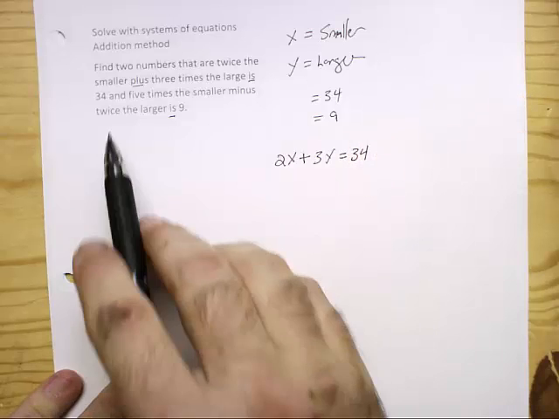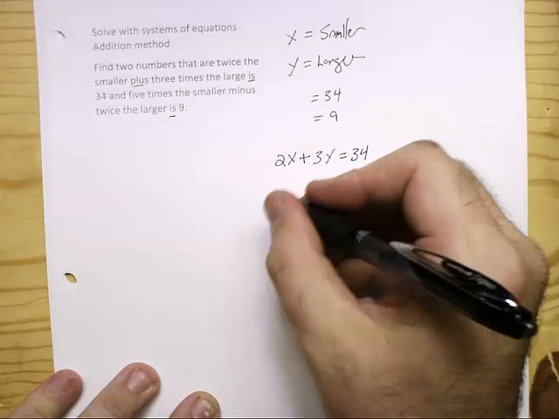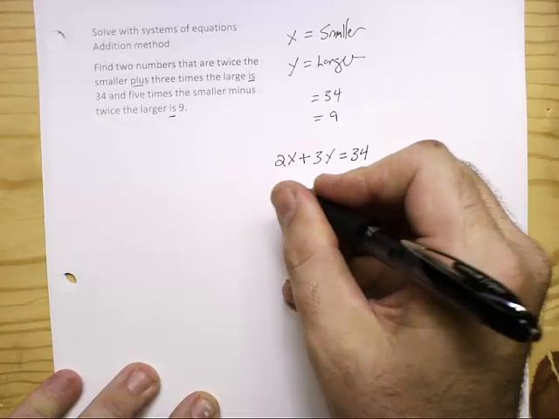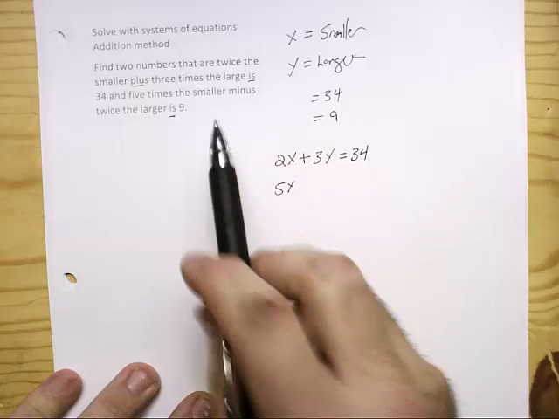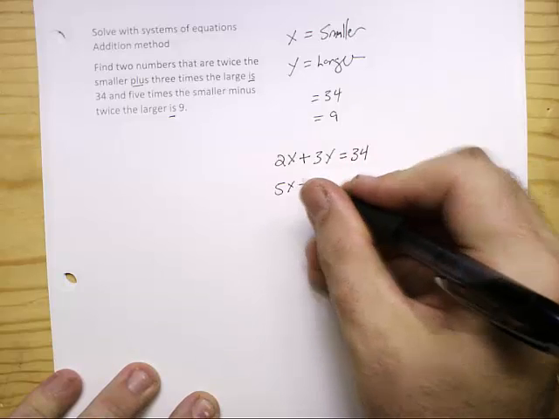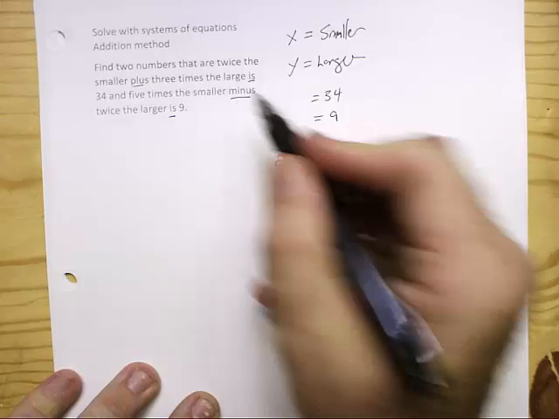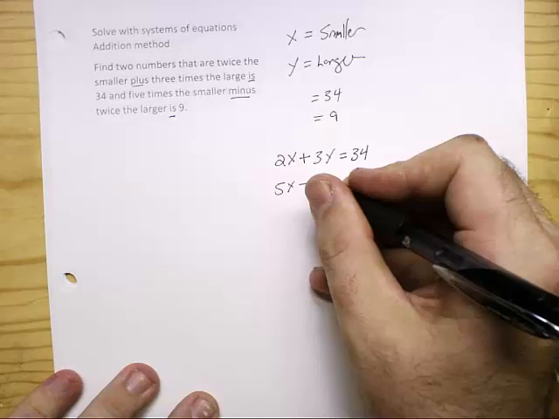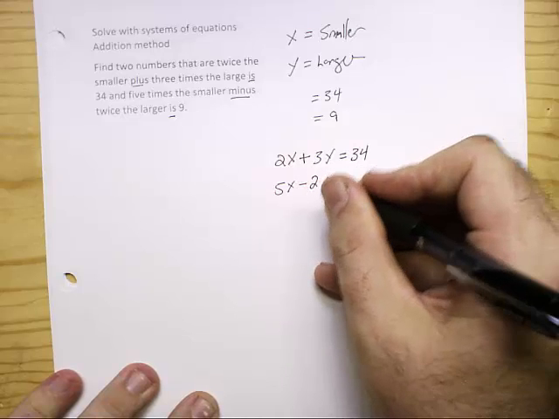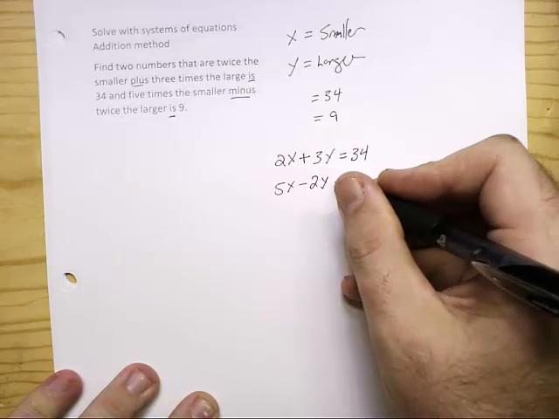Then 5 times the smaller, minus twice the larger, and it equals 9.